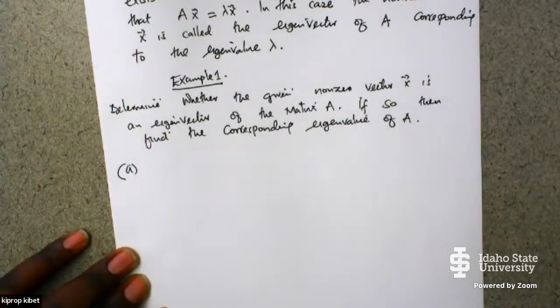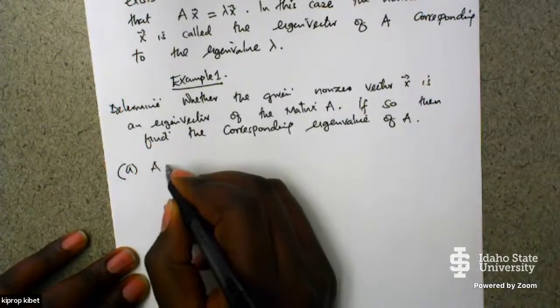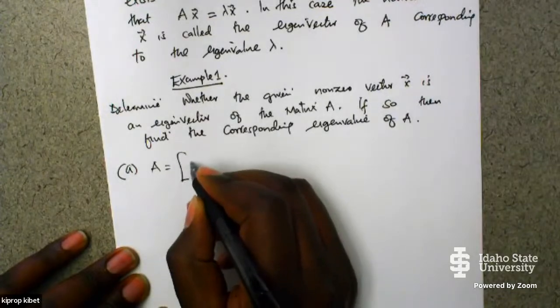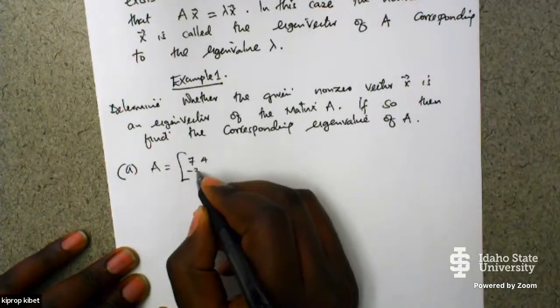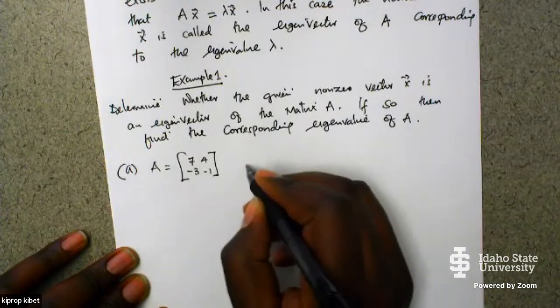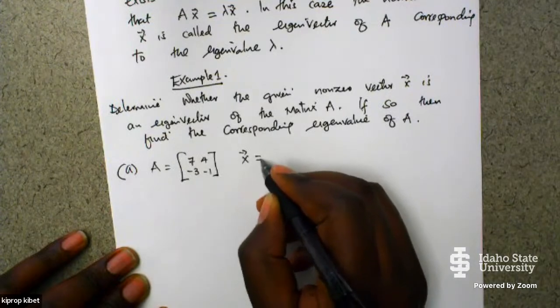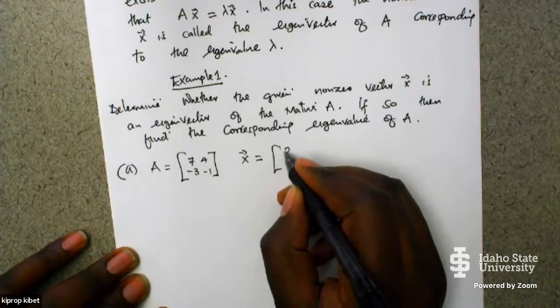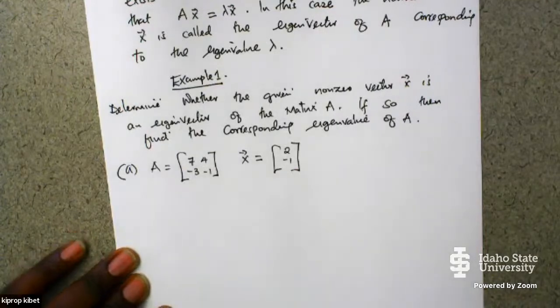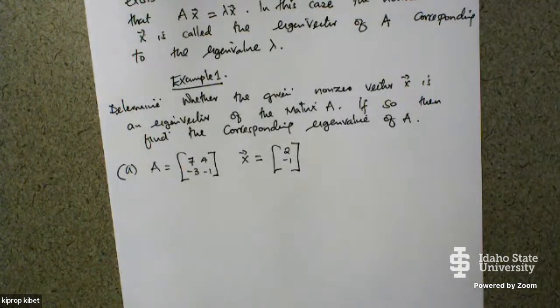Example number A. If we have this matrix A equals 7, 4, minus 3, minus 1, and we have the eigenvector as 2, minus 1. So determine whether the given non-zero vector is an eigenvector.